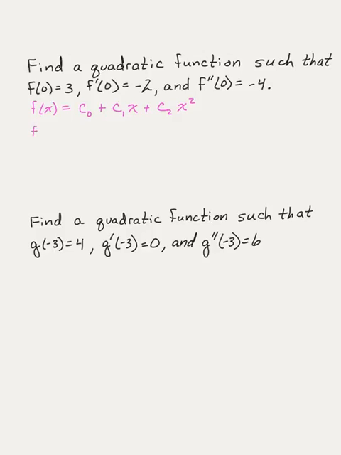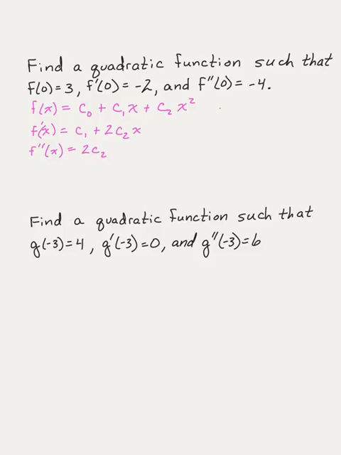Now in this situation, that means that f prime of x, well, the derivative of c sub 0, the derivative of a constant, is 0, so we're going to be left with c sub 1 plus 2c sub 2 times x. And f double prime would equal 2c sub 2.